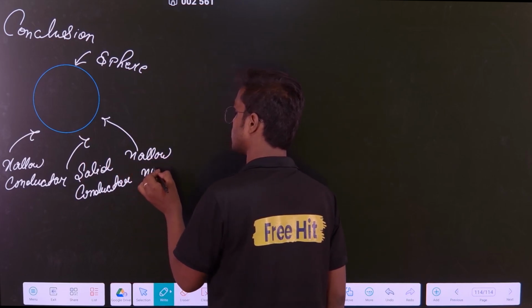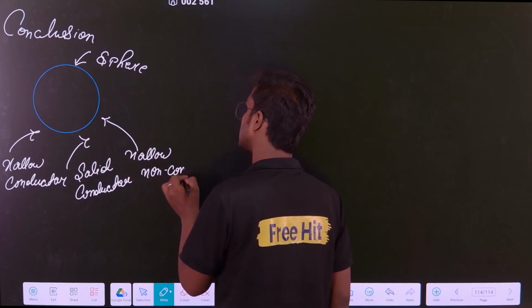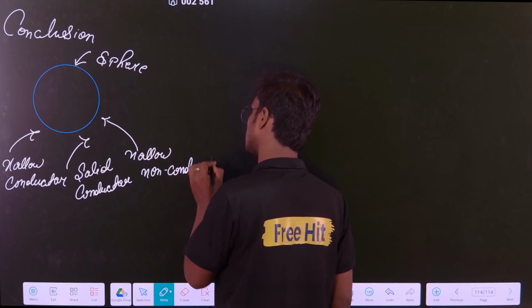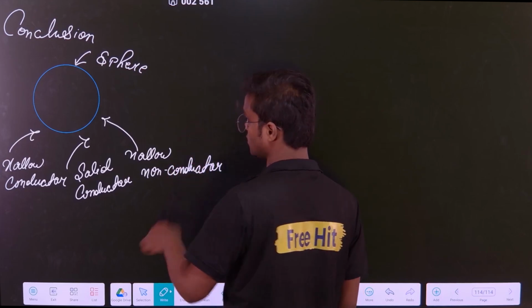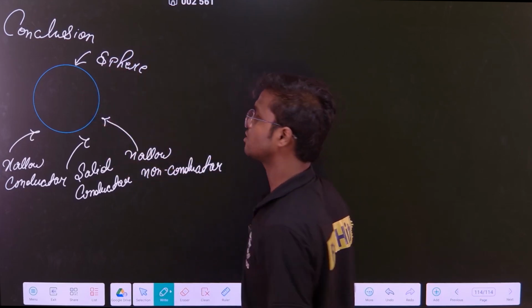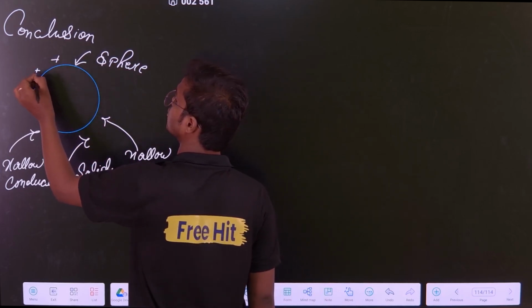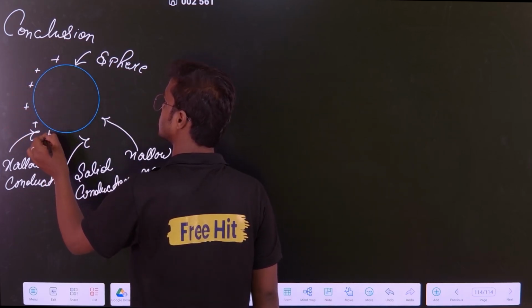and it can be a hollow non-conductor. Because in all the cases the charge will always be present on the surface. In all three cases the charge will always be present on the surface, that is always true.